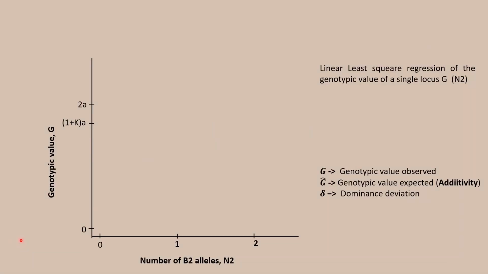Let's start talking about one of Fisher's most important advances, in his paper published in 1918: the partitioning of genotypic variance into several components. Remembering the previous concept, the graph can be divided into dimensions, where Fisher proposed a linear regression model that uses the number of copies of the favored allele, as indicated on the x-axis, with values 0, 1, and 2 copies for a diploid.